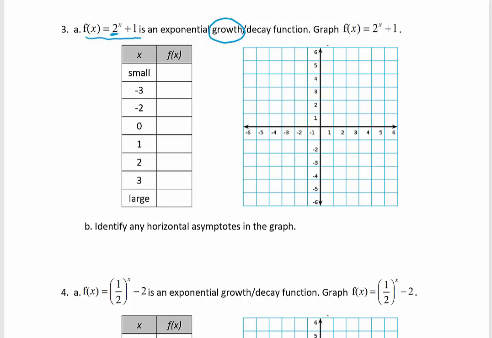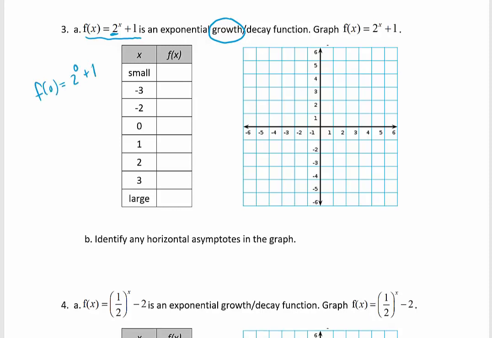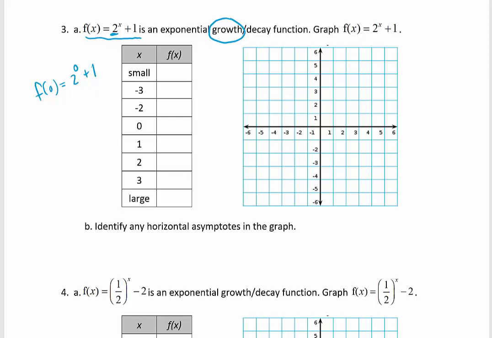If we started with f of 0, that'd be 2 to the 0 power plus 1. Anything to the 0 power is just 1. So I'd have 1 plus 1, which is 2. So at 0, we're going to get an f of x value of 2.